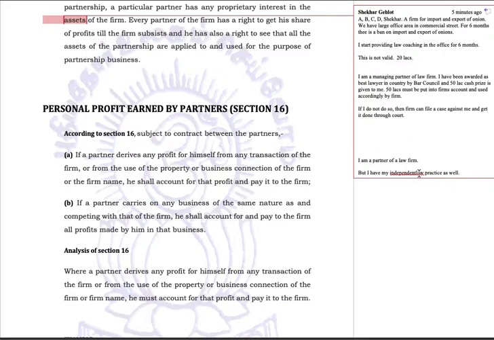Because my firm is also doing law practice, and I am also starting my own law practice independently. So I am earning profits from here as well, and I am making profit here as well.